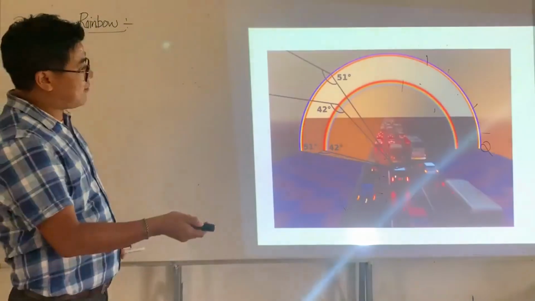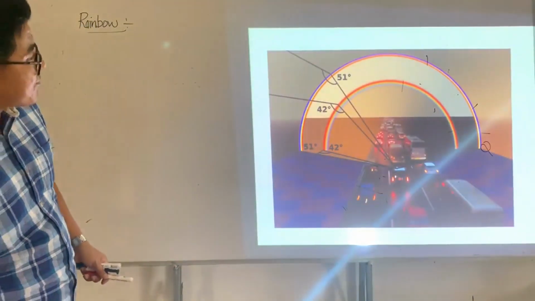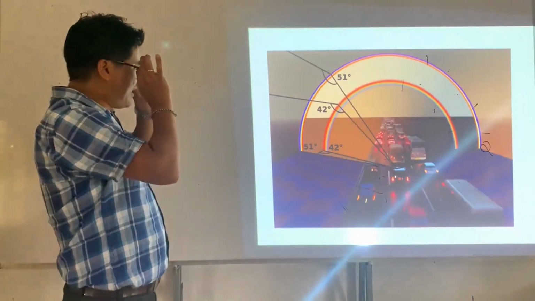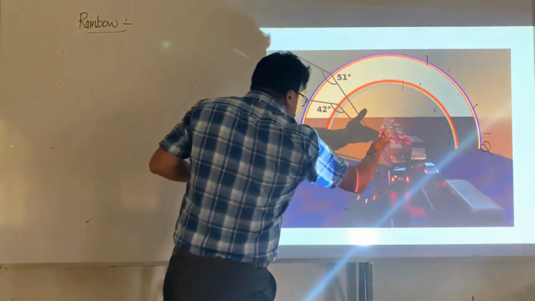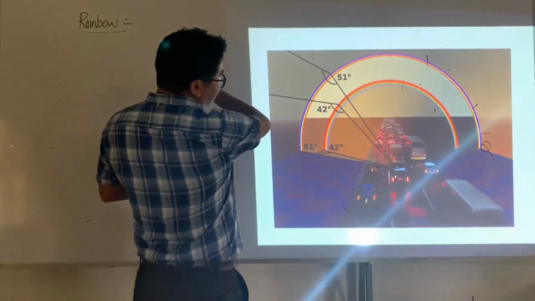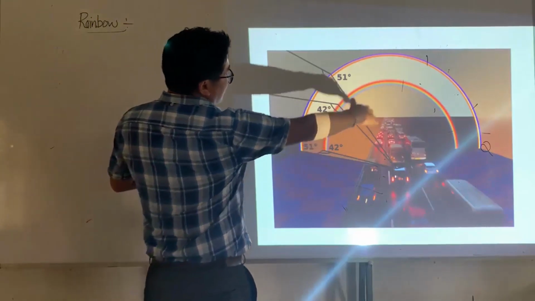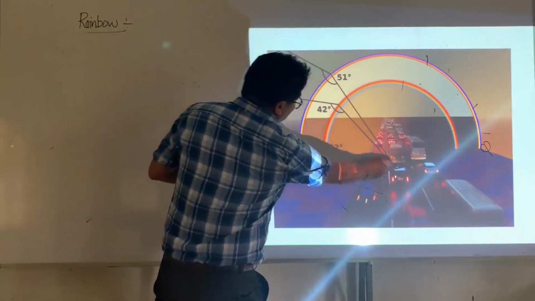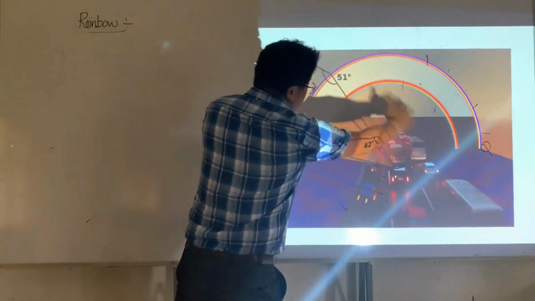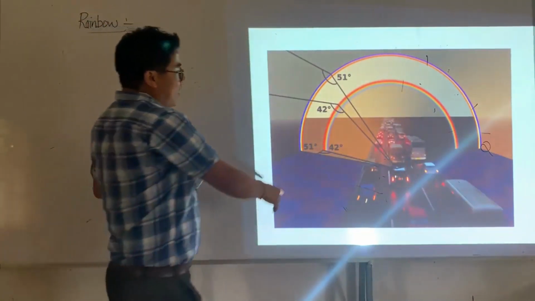I'll give you one more diagram. This is more visible. This is that side, and you could see the sunlight coming in. Look here, this satisfies it. This is bow in shape. Why bow in shape?